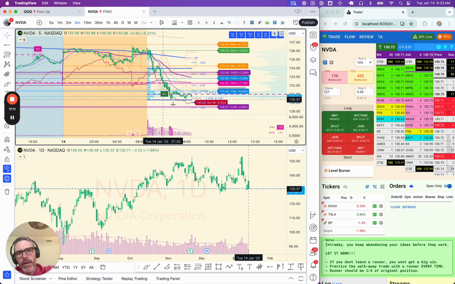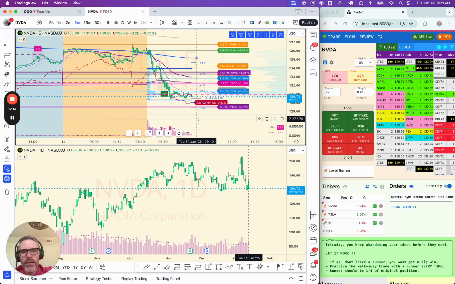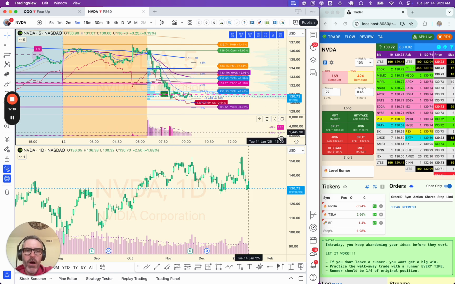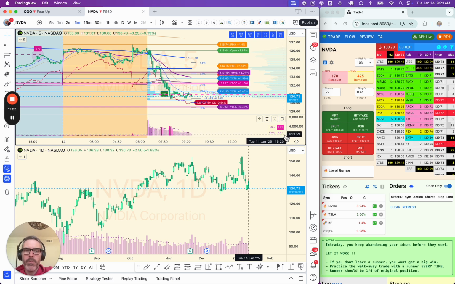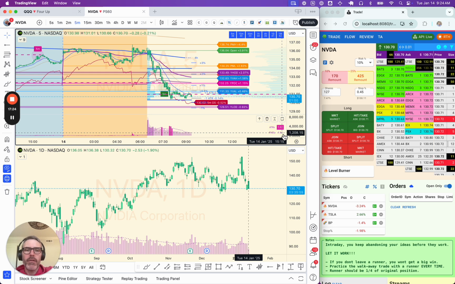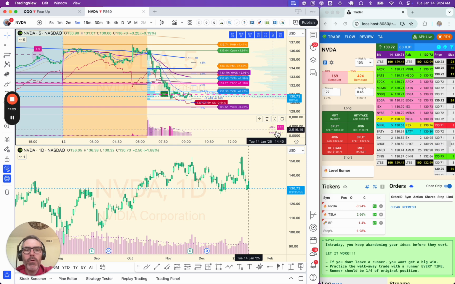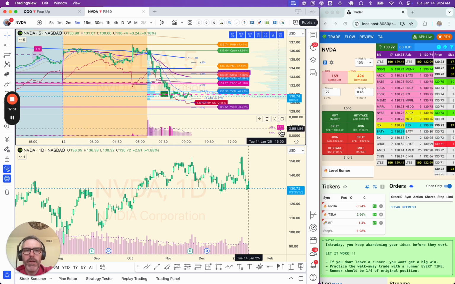Anyway, I digress. So this is how I use the volume indicator, and I use this all the time. It also tells you on the day what the relative volume is. So we're currently at 1.01 on NVIDIA, so basically it's average relative volume on the day. And the stock itself has already moved just over 1 ATR on the day, 1.02.